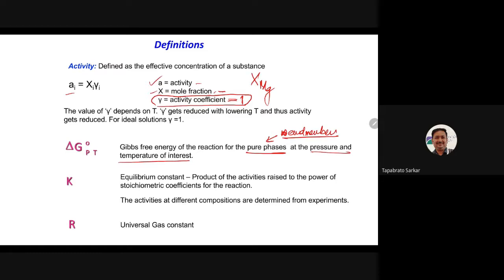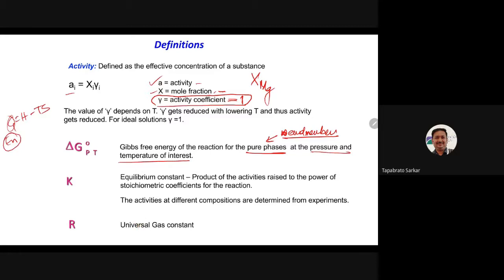We know G equals H minus TS. From here, for each mineral, we can find out the G for a pure phase, meaning without solid solution. Let's say for OPX, enstatite, we can find out the G for enstatite.